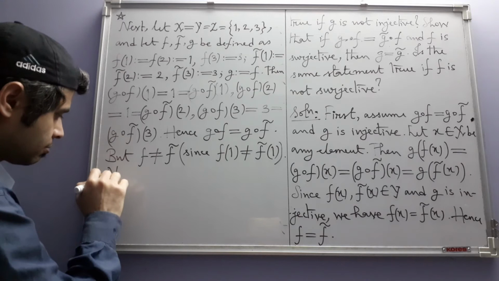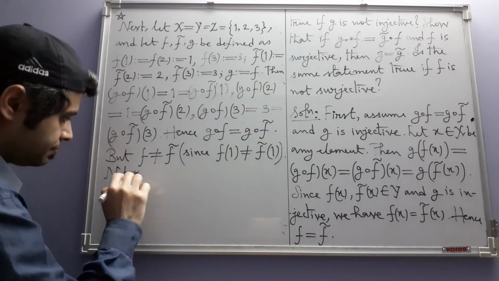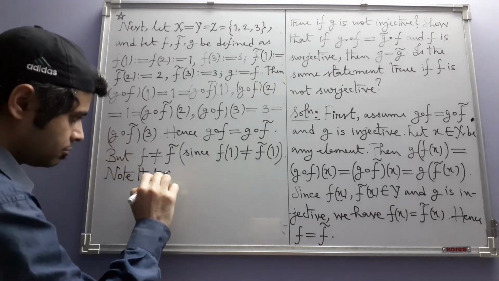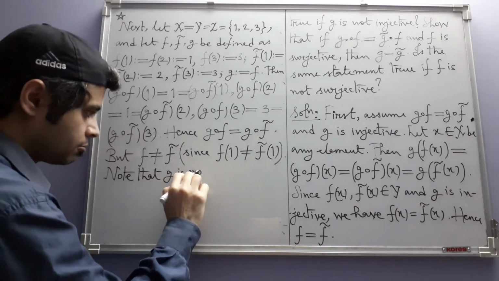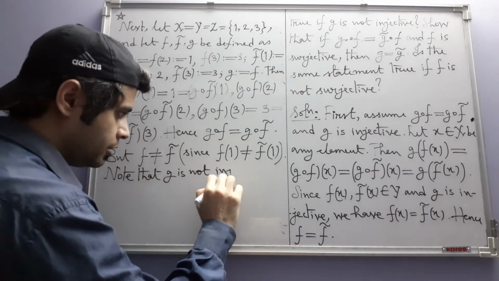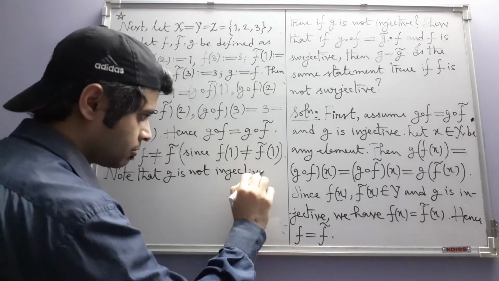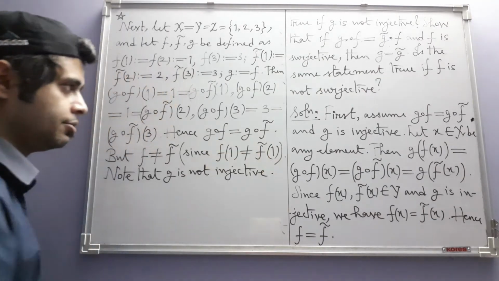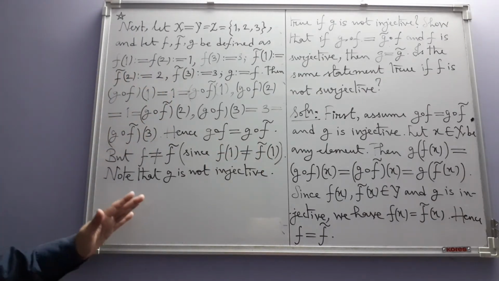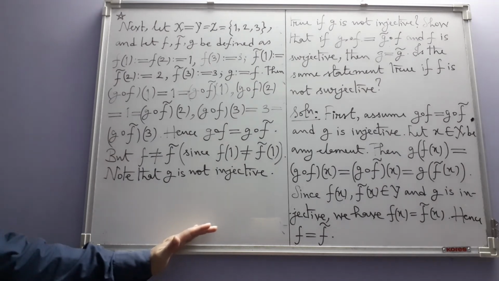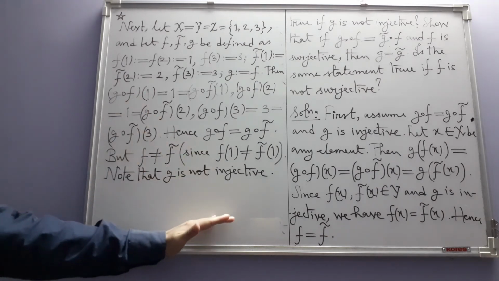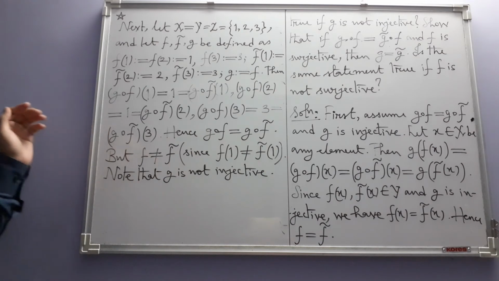Note that g is not injective. So that means for the part of the exercise that asks what happens if g is not injective, we can say that the cancellation law is not necessarily true.